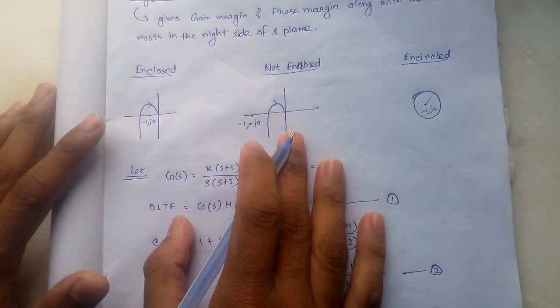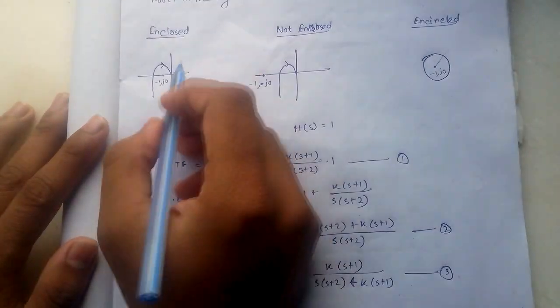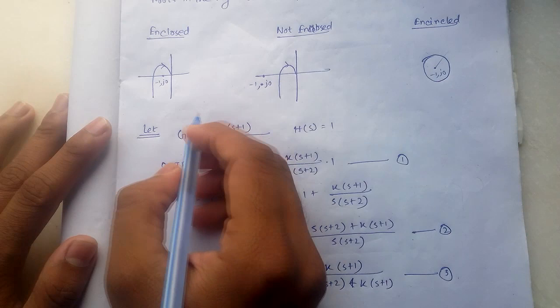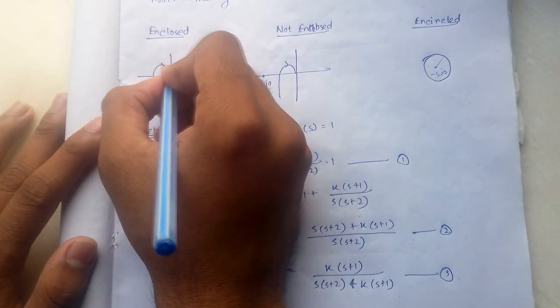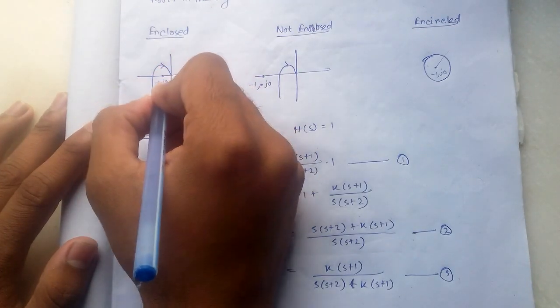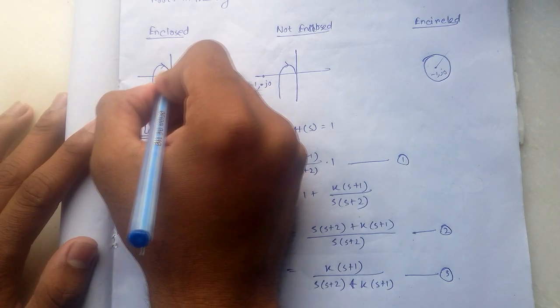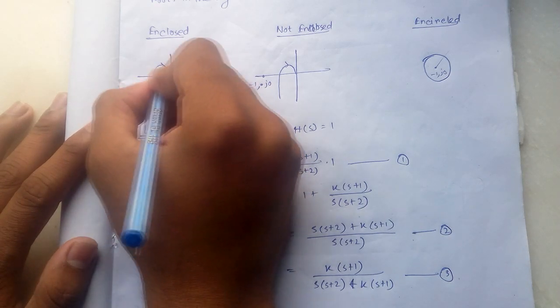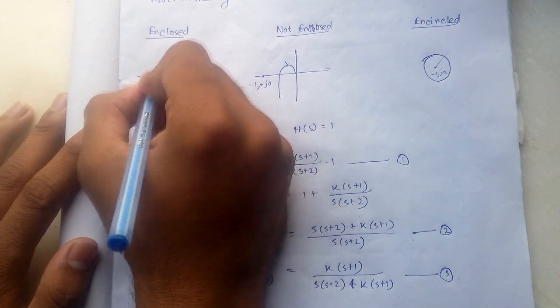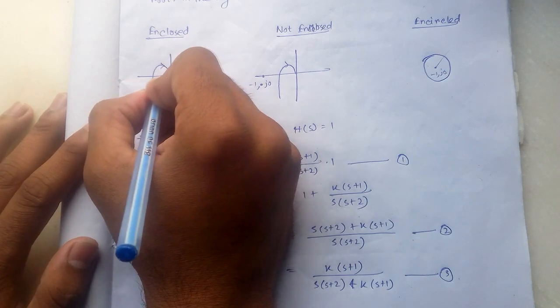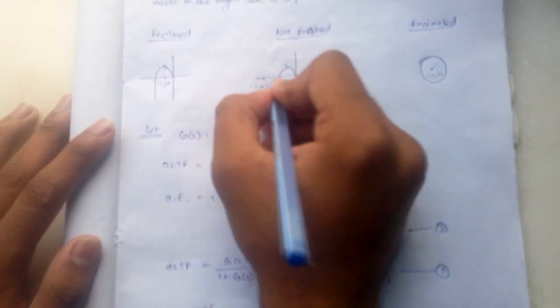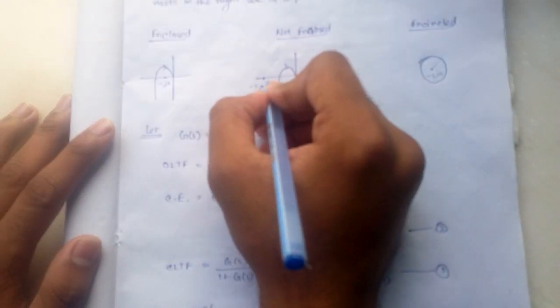So before that, we have to understand some concepts, that is enclosed, not enclosed, and encircled. If we are drawing any polar plot and our reference point minus 1 j0 is between the polar plot, then this is enclosed. If that is outside of that polar plot, then it is not enclosed.